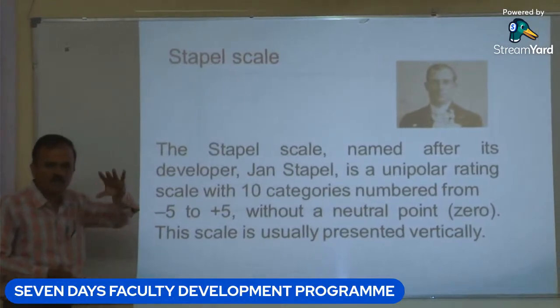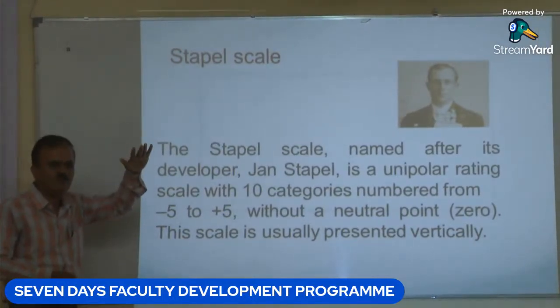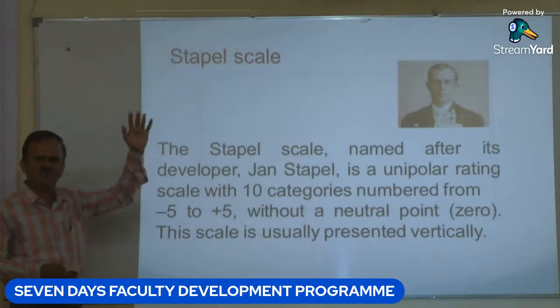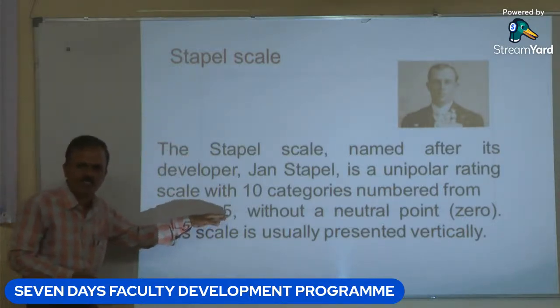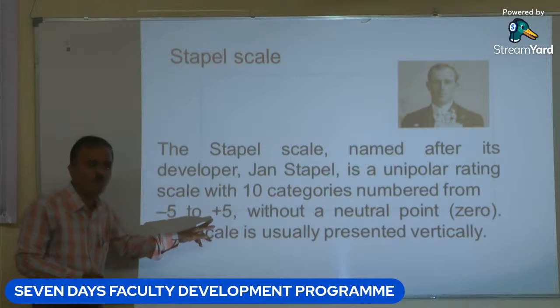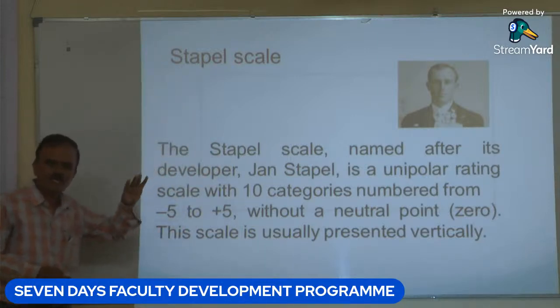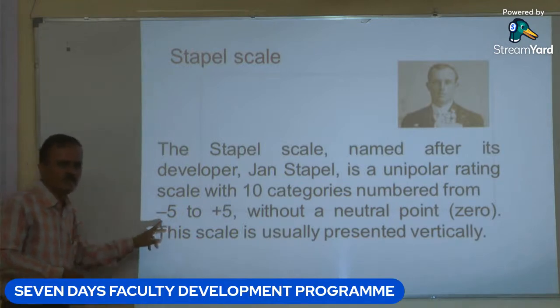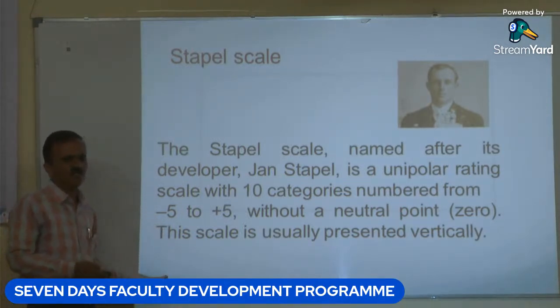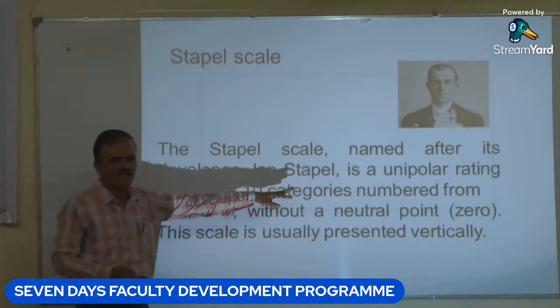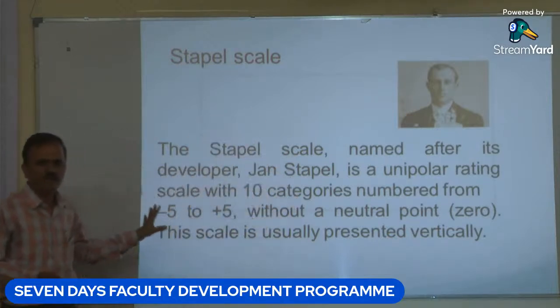If the opinions are related to positive attitudes, positive preferences and so on, then you ask them to assign a number from 1 to 5 towards positive values. Or if it is negative, related to negative aspects, then -1 to -5. That's why it is 10 categories numbered from -5 to +5.